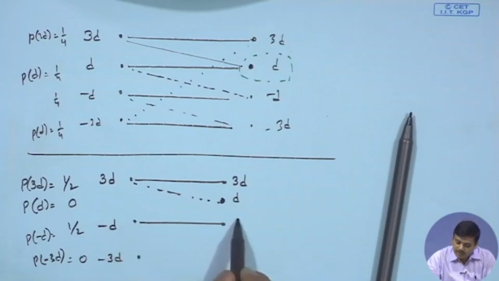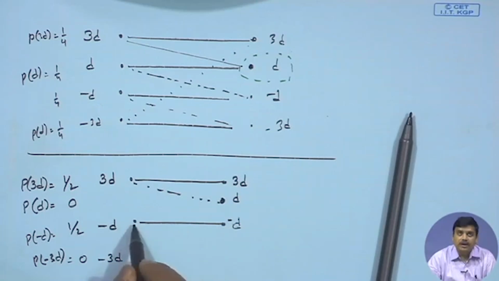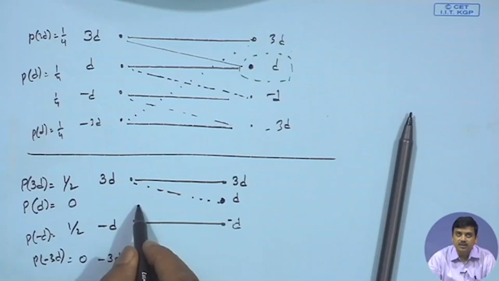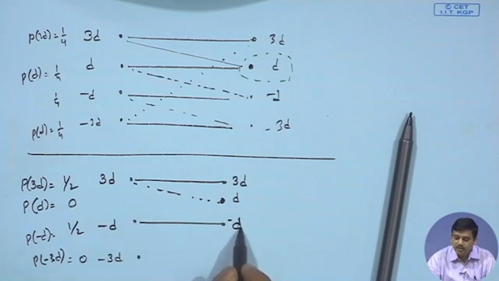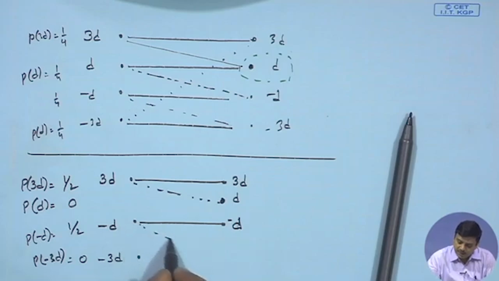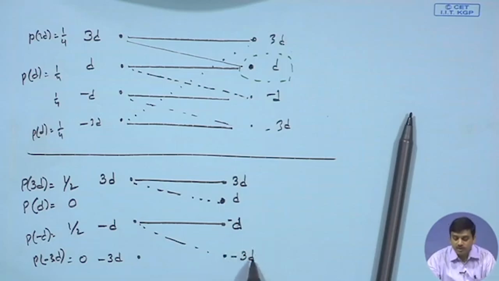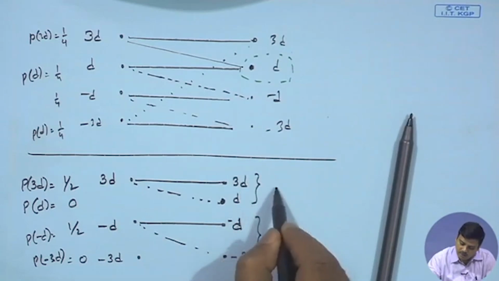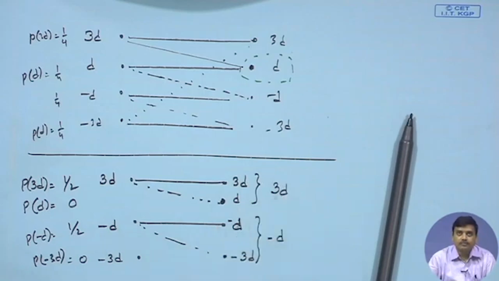When it receives minus D, it is because minus D has been sent, because D could also become minus D, but since D is not sent, we will always be sure that minus D is because of this. Similarly, minus D could become minus 3D. So, when I receive minus 3D, again it is not confused, because it knows that minus D and minus 3D are produced only by minus D, and these two are produced only by 3D.